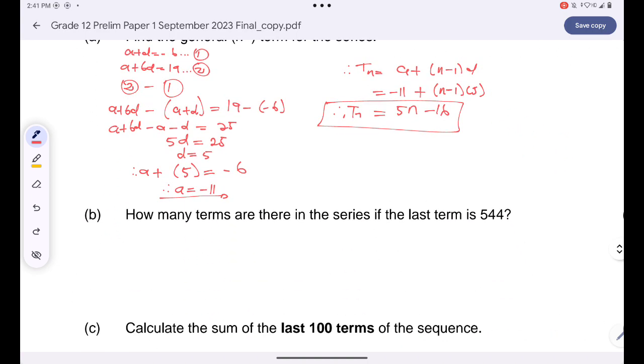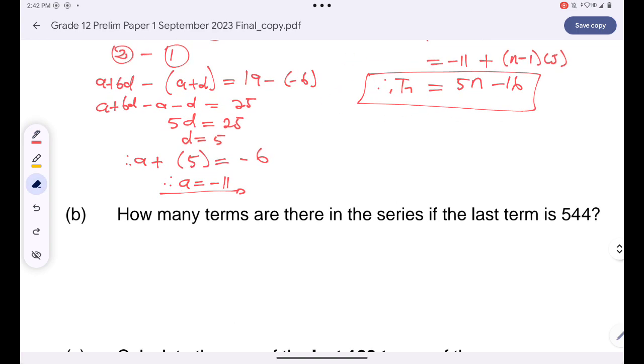Okay, and then now I'm being asked how many terms are there in the series if the last term is 544. I'm given the value of the last term. If I find the position of the last term, I will know how many terms are there. So I'll basically say tn is always equal to the last term, 544. But I do know tn.